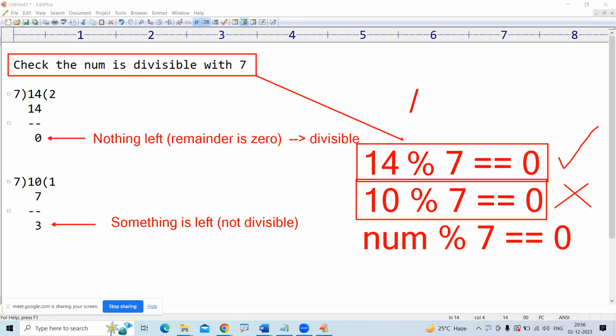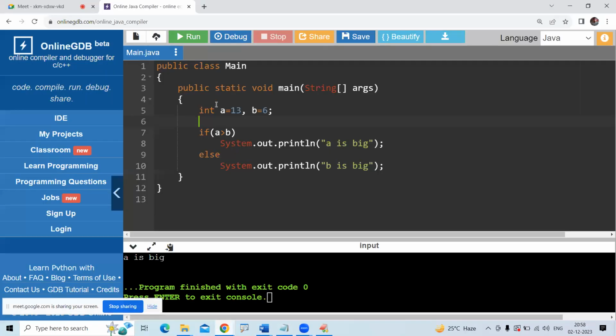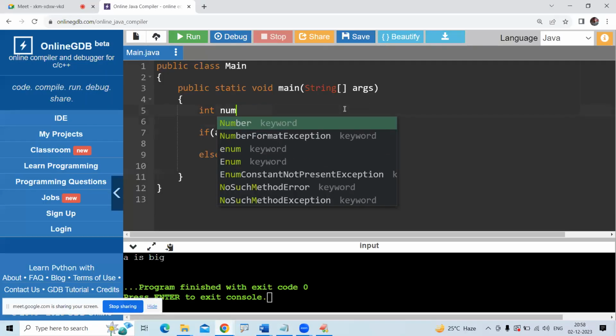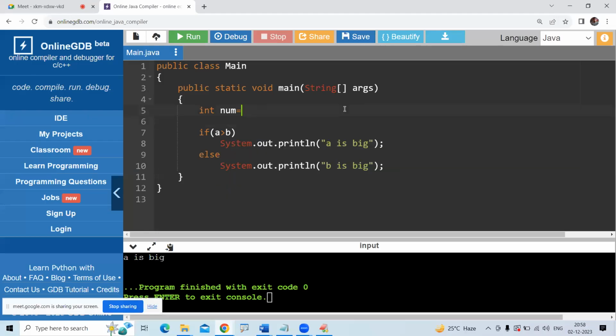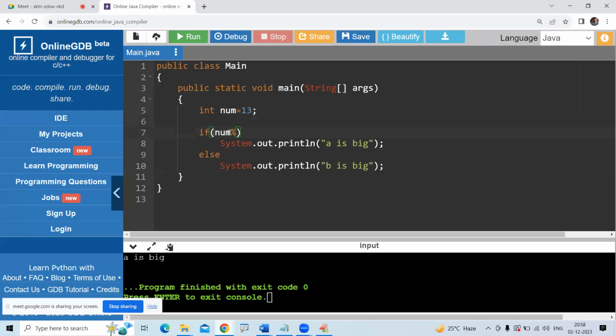Relational operators. Okay, now just code it. Here it is. I'm writing like this. Taking the number in any variable, of course. First I'm taking 13. Is it divisible by 7? Whether it is 13 or 15, we don't mind, just a number.